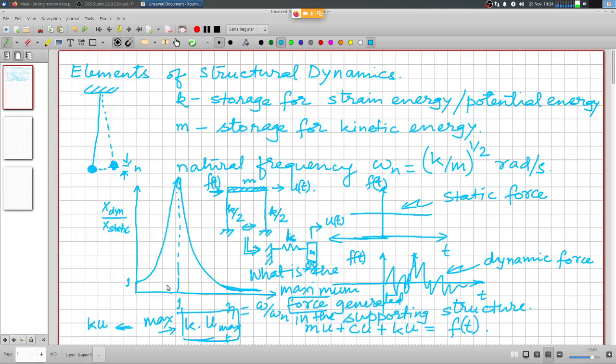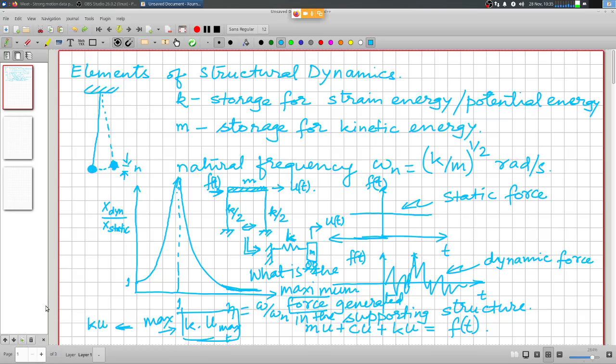If the natural frequency is somewhere here, its maximum response is going to be static response multiplied by this factor. If the natural frequency is somewhere here, vis-a-vis the excitation frequency, then the maximum response is going to be determined by this factor, and so on. So it is a function of the natural frequency.